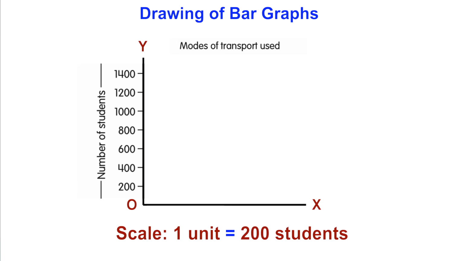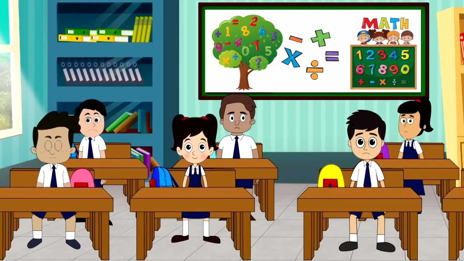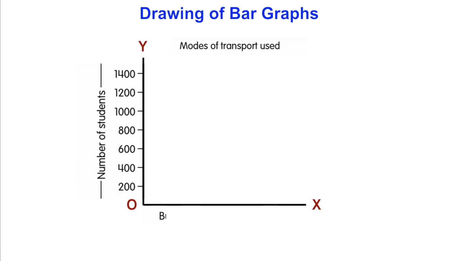So we have written the number at intervals of 200 on the OY axis. Step 5. On the OX axis, write the names of all the modes of transport mentioned. Step 6. Along the OY axis, draw bars of equal width to represent the number of students.